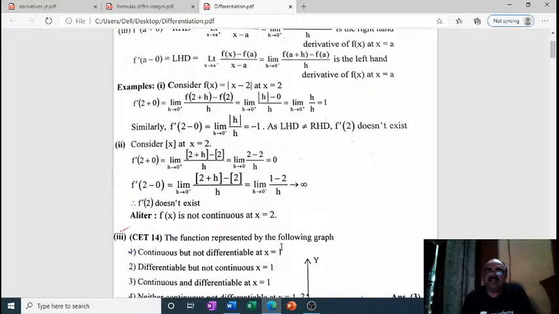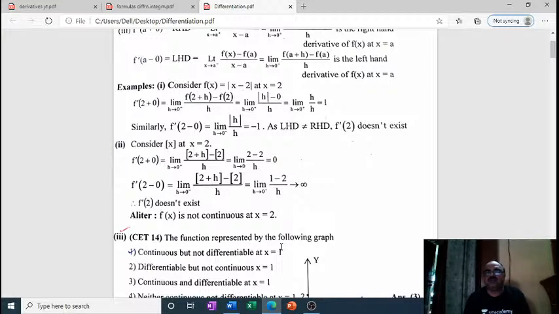Consider f of x is equal to x minus 2 mod x minus 2, and x is equal to 2, at x equal to 2. F dash of 2 plus 0 equals limit h tends to 0 of f of 2 plus h minus f of 2 by h, which is limit h tends to 0 of mod h minus 0 by h, which is h by h, equal to 1.